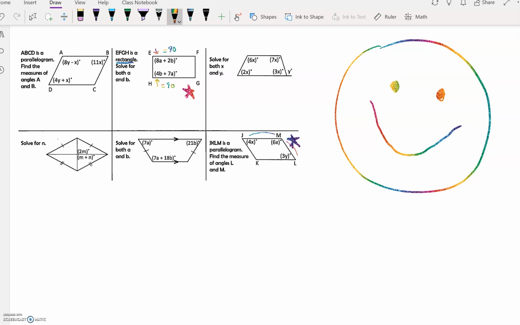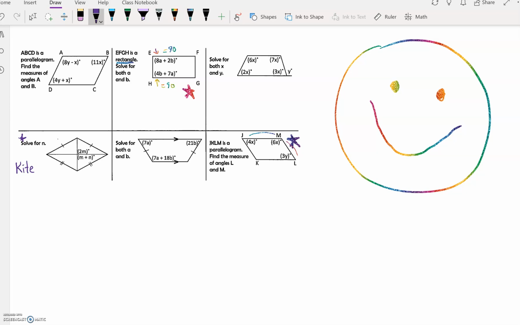All right, so we're going to try this problem right over here where we're solving for n, and it looks like this is a kite. So a kite happens when you have 2 consecutive sides equal, and it actually looks like they might all be equal, but this has a double hash on it, so we know that these aren't exactly equal to the ones next to it, which makes this kind of a special quadrilateral called a kite.